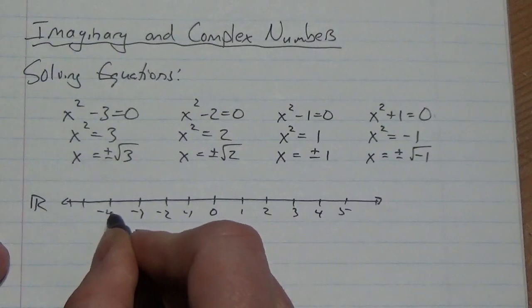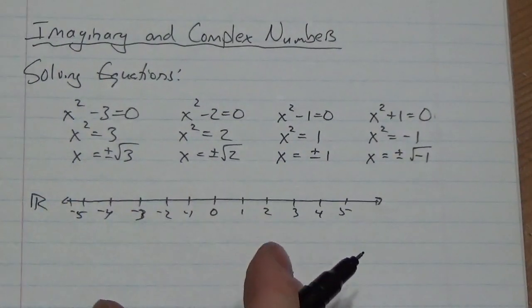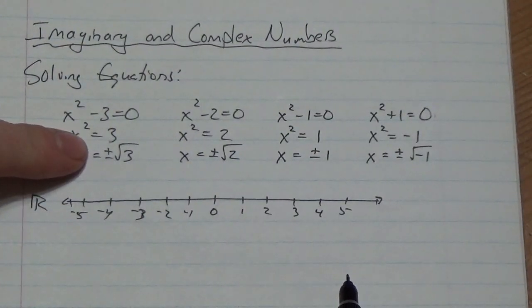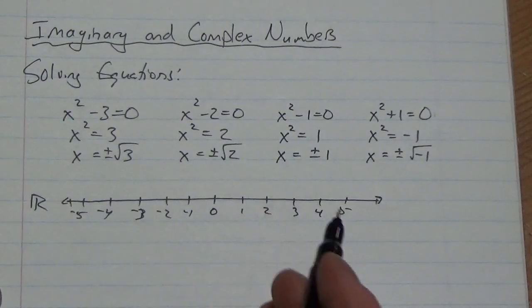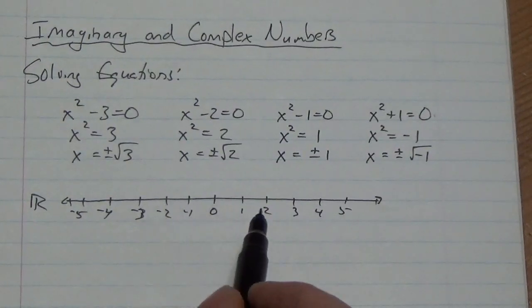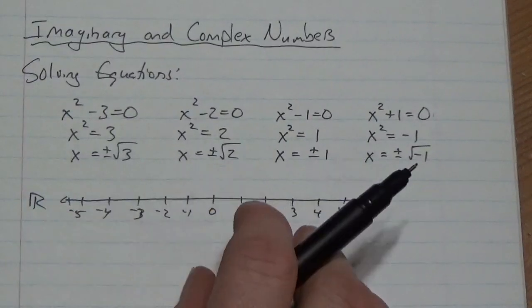Negative 2, negative 3, negative 4, negative 5. Anyway, here's our number line, and our real number line works like this. Now I can find the square root of 3 on my number line. I can find the negative square root of 3 over here. Square root of 2 I can find on my number line, plus or minus 1 on my number line here. And when I square those numbers, I can find the results here.